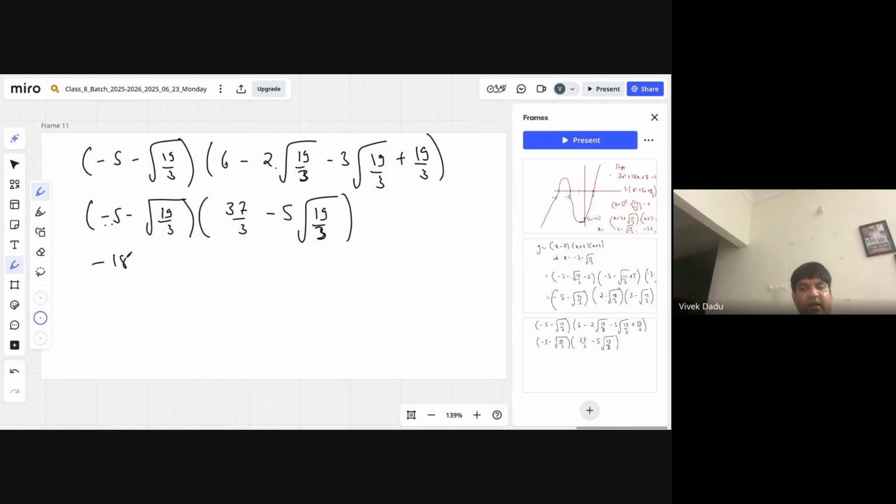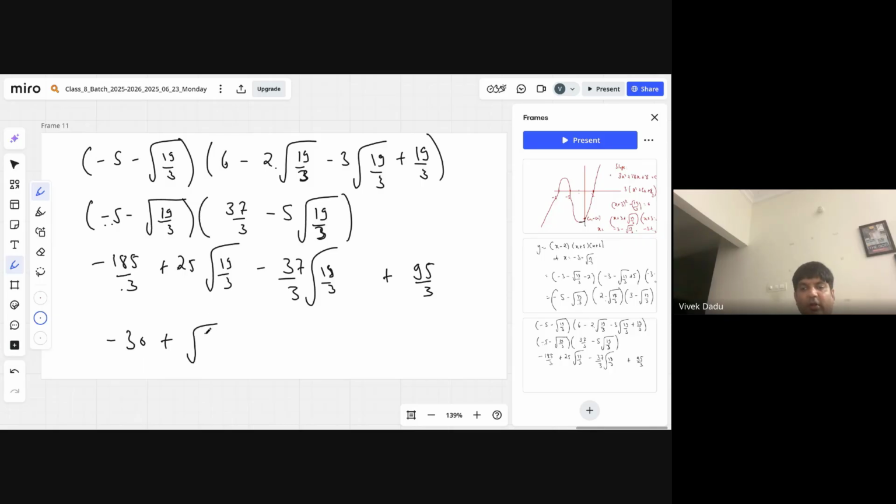So now minus 185 by 3 plus 25 into root 19 by 3, minus 37 by 3 into root 19 by 3, plus 95 by 3. This plus 9 minus 90 by 3, this becomes minus 30.